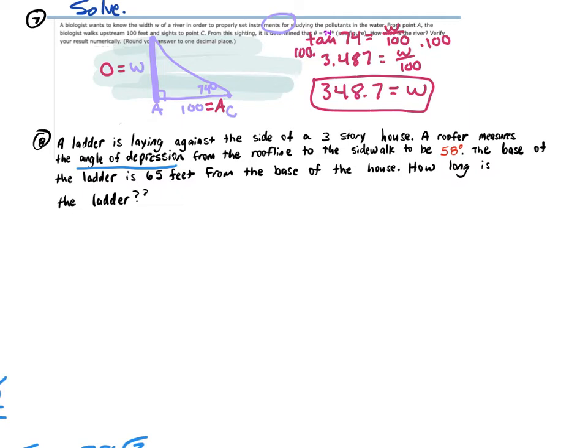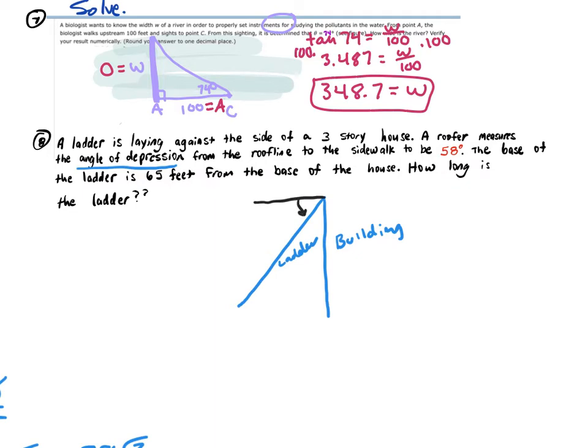So a ladder is lying against the side of the 3-story building. So this is our building. This is our ladder. A roofer measures the angle of depression. So angle of depression is from the horizontal line down. So our angle of depression would actually be from here down.